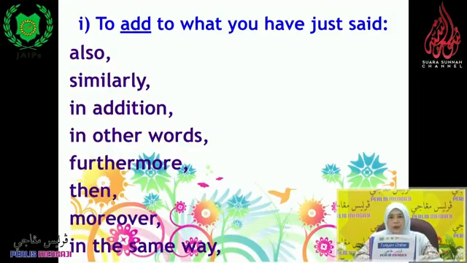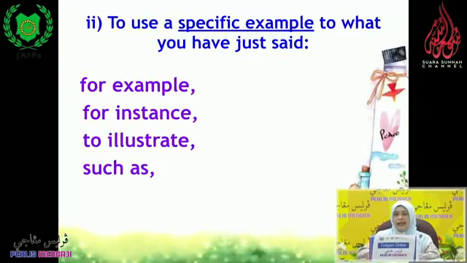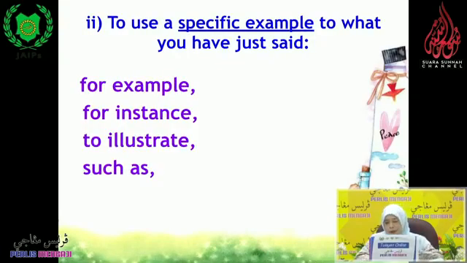This is where you use also, similarly, in addition, in other words, furthermore, then, moreover, in the same way. This is when you want to add to what you have just said. Adding. Okay? Next, to use a specific example to what you have just said. So you say, for example, for instance, to illustrate, and such as. Okay, that is to use a specific example.